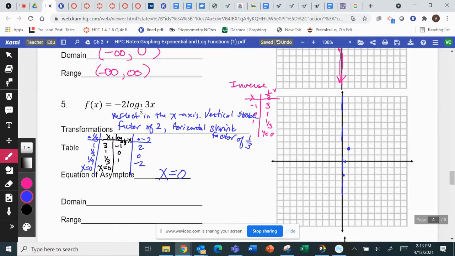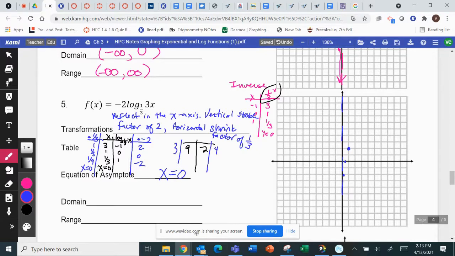Okay, so what I'm saying here is with my table, if I feel like I needed another point, maybe I needed -2 for the exponent over here. That would give me a 9. That way, when I multiply by 1/3, I get a 3 here. And over here, when I multiply by -2, I get a 4.